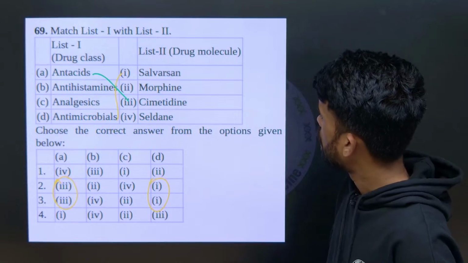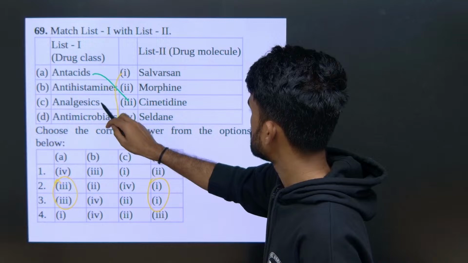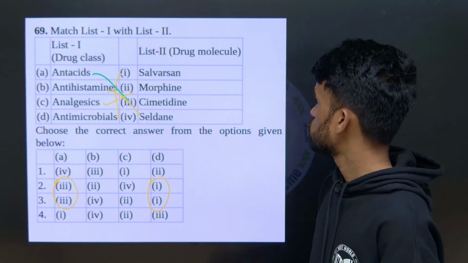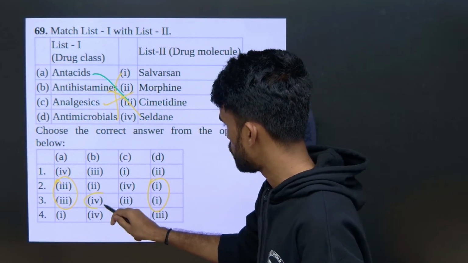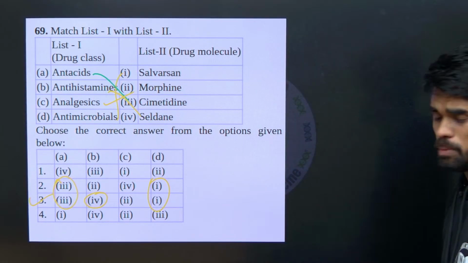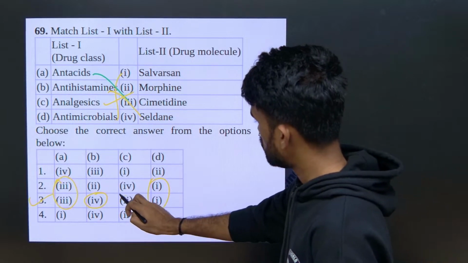Next, antihistamine, analgesic is morphine and antihistamine is Seldane. So it means B4, yes, B4 here we have. So option number 3. I hope it is clear without any confusions. Morphine is here, C.